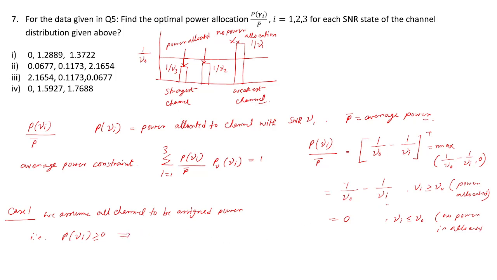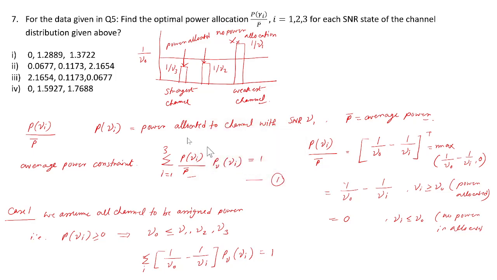This implies, from this equation, that this optimal gamma naught which we are about to find is less than gamma 1, gamma 2 and gamma 3, correct? Therefore from this equation 1 you replace the normalized power constant by this expression: the summation over I of 1 over gamma naught minus 1 over gamma I times p of gamma I is equal to 1.